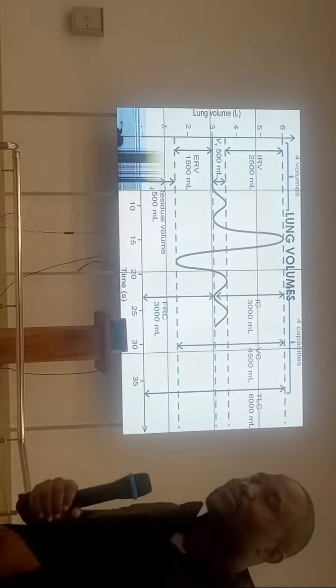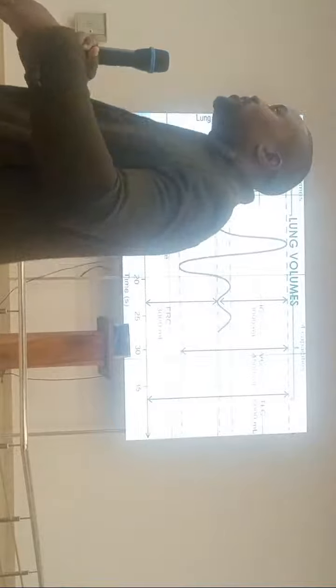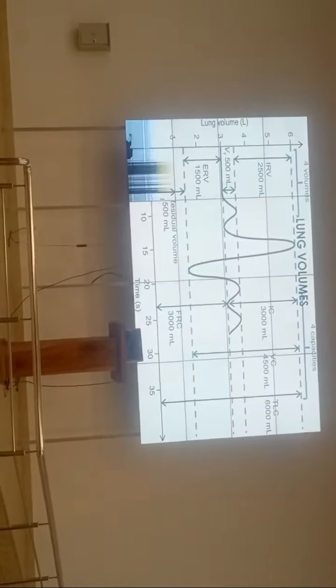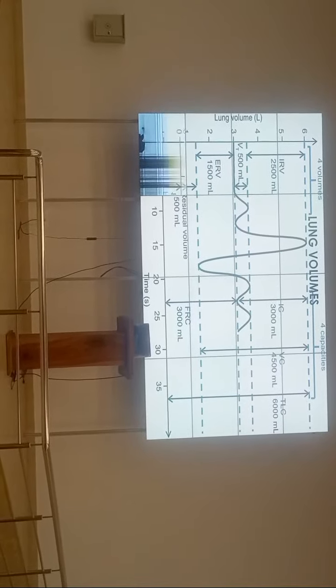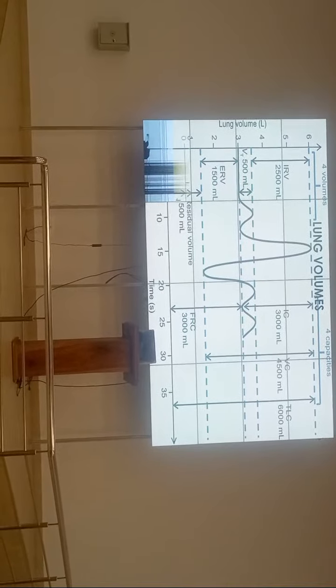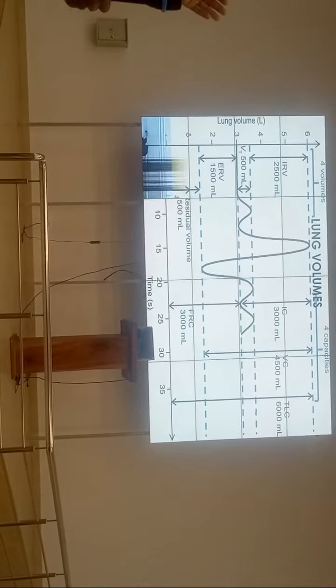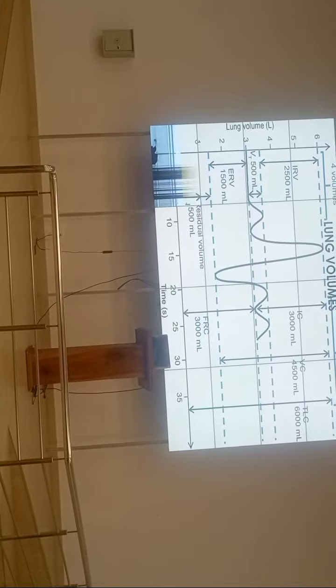Then you can add to say the amount of air that you breathe out after forcibly breathing in. We call that vital capacity. So vital capacity is simply the inspiratory reserve volume plus the tidal volume plus the expiratory reserve volume. If we add all those, it will give us the amount of air that you are going to breathe in and then breathe out again after a forceful breath.